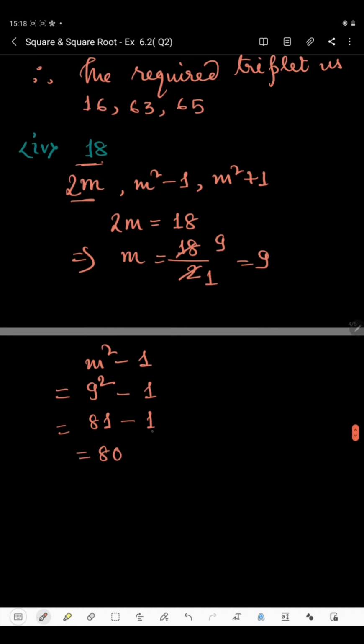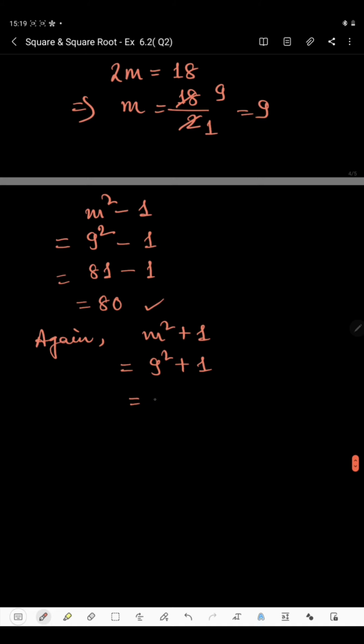So the second member is 80. One member is 18, the second member is 80, and the other member we can get by putting the value of m in m square plus 1. So 9 square plus 1: 9 square means 81, 81 plus 1 is 82. So the third member is 82.